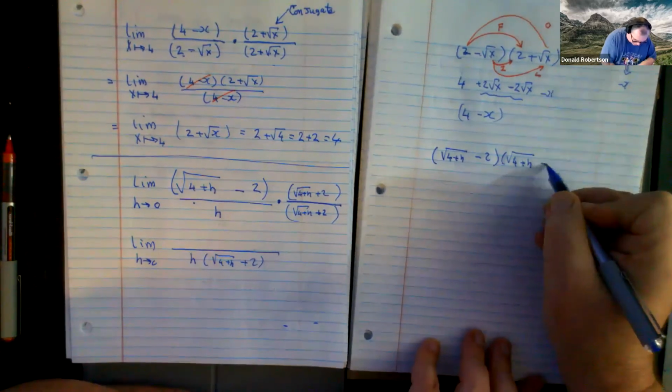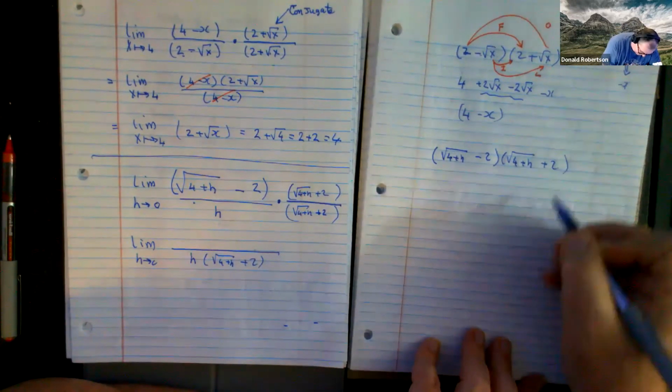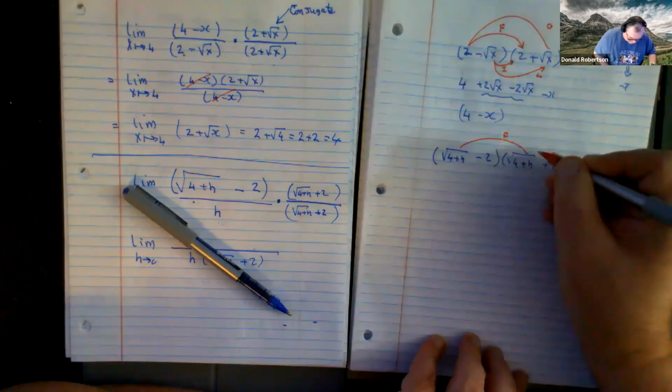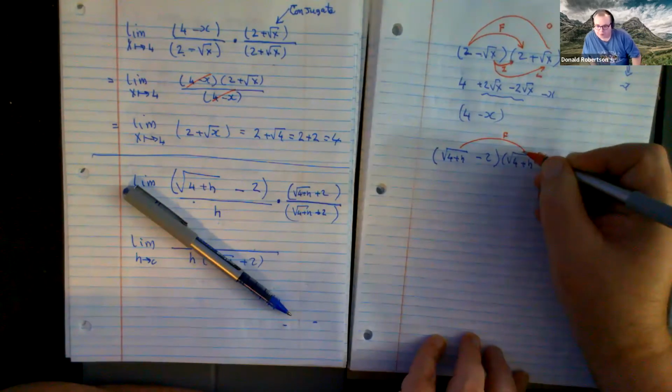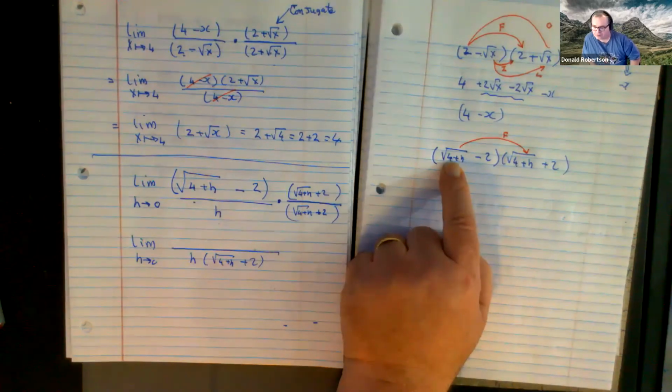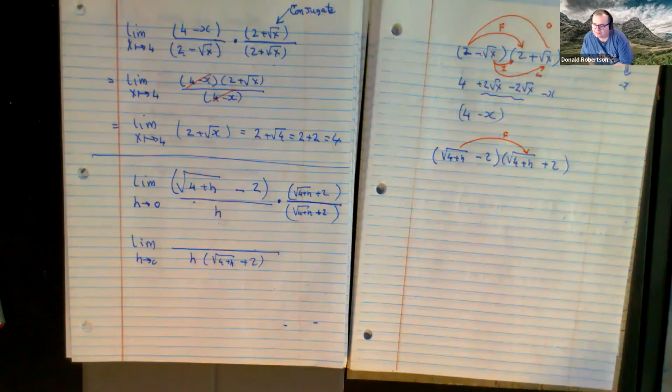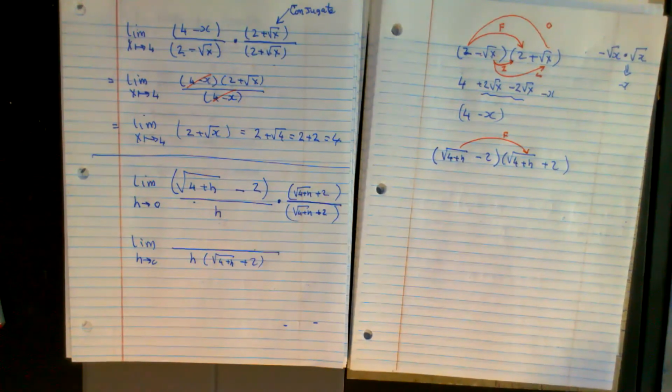And if I do the F first, what does the square root of 4 plus h times another square root of 4 plus h get you? 4 plus h. Yeah.